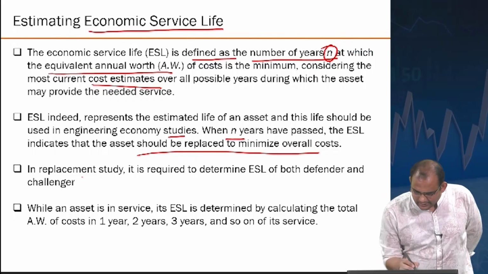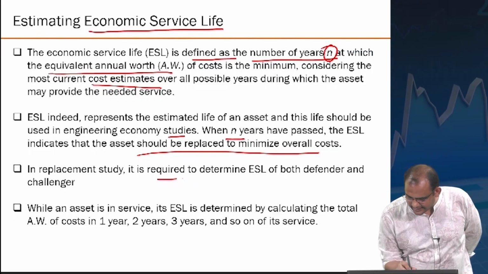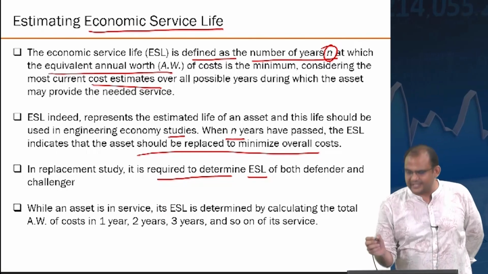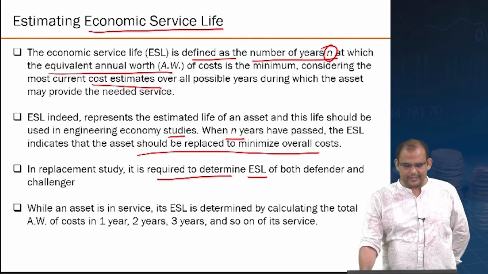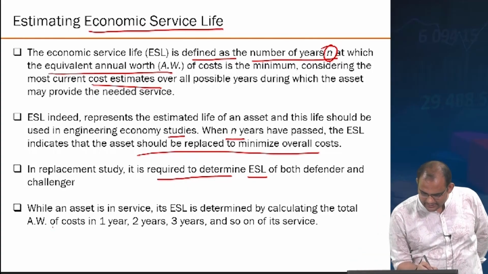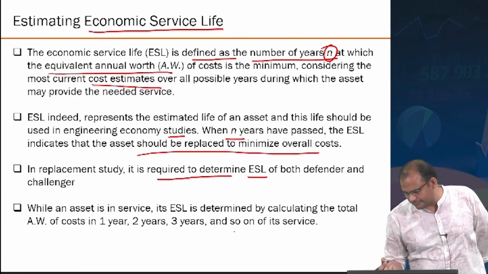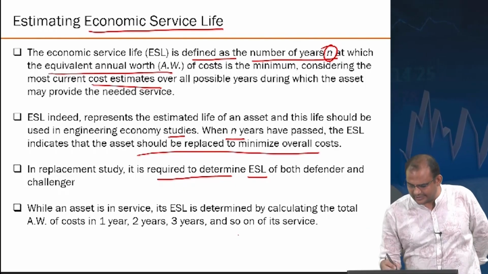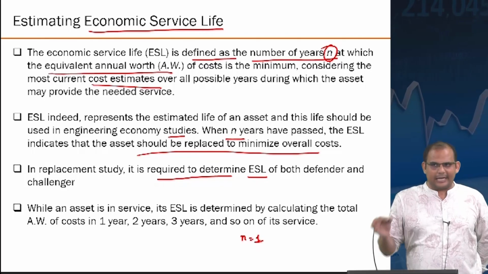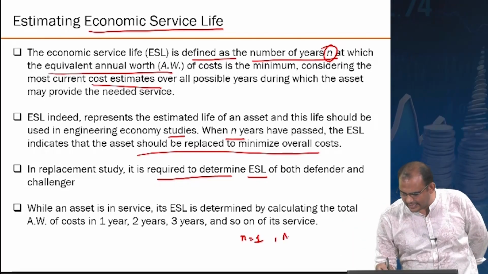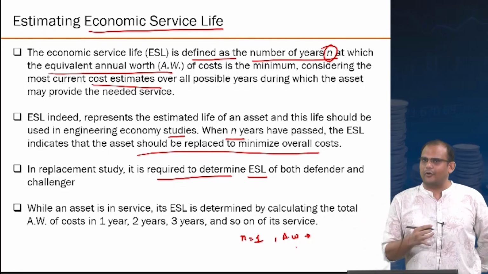Okay. In the replacement study, you are expected to determine the economic service life of both the defender as well as the challenger. Alright. And how it is determined: there is no quick function. Essentially, you assume, let's say, n is 1. If n is 1, what is the annual worth of all the cost?